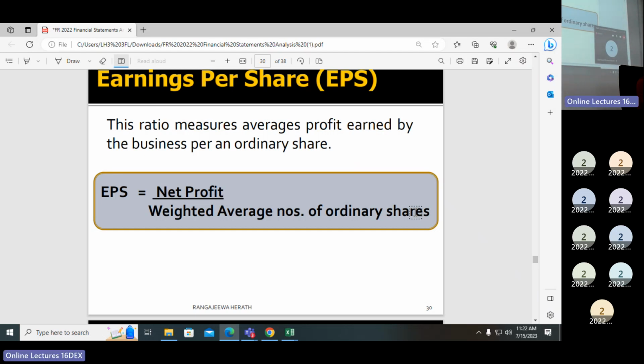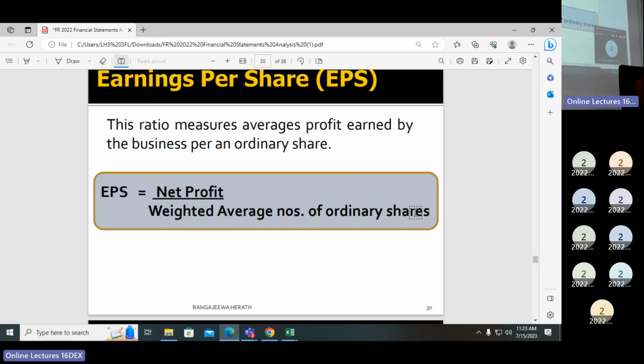But when there is a share issue during the year, you can't just take the simple average, opening and closing, divide by 2. That is unfair because the number of shares held, you can weight based on the period. So we have to weight it by the number of months.